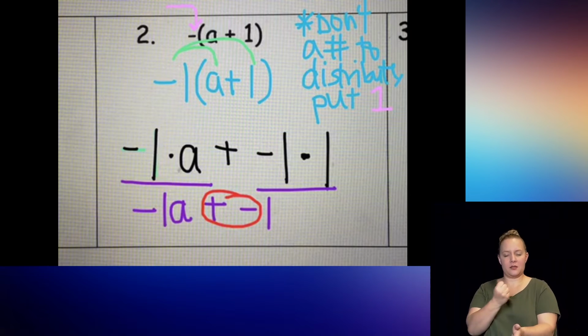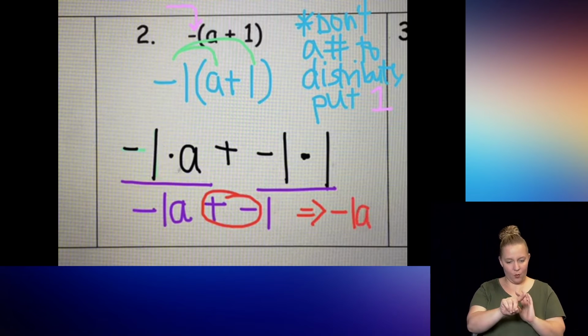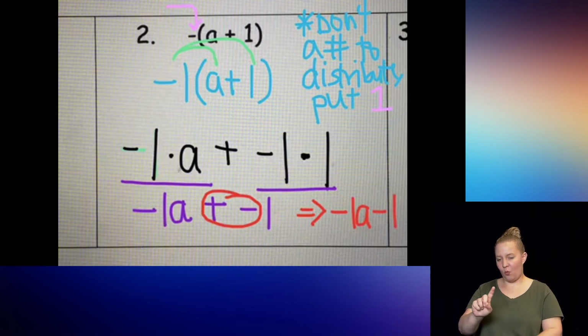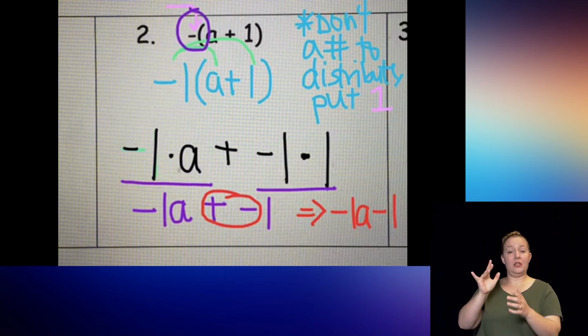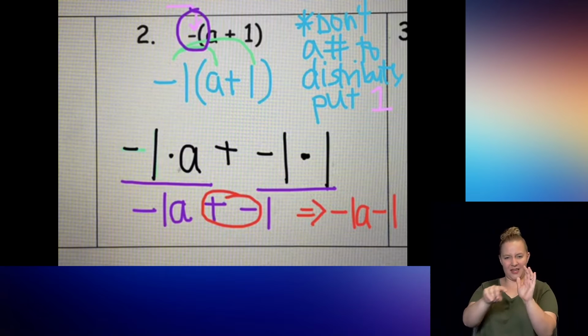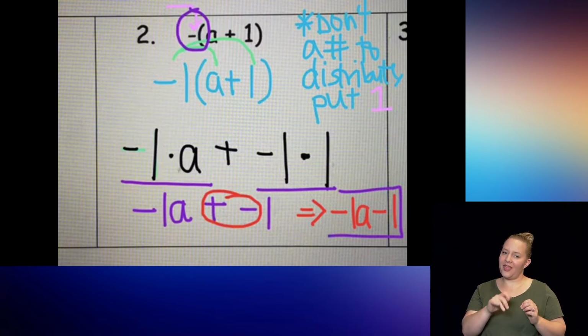So we can rewrite this as negative 1a minus 1, but also remember back to the very beginning up here, we had negative parentheses. So if I have negative 1a, or if I just have negative a, I really am saying the same thing, because if I have 1a and I have a, I still just have 1a. So this can be your answer.